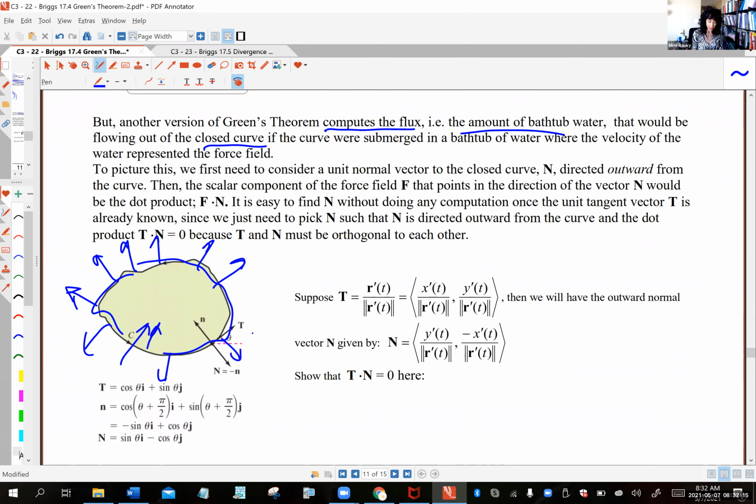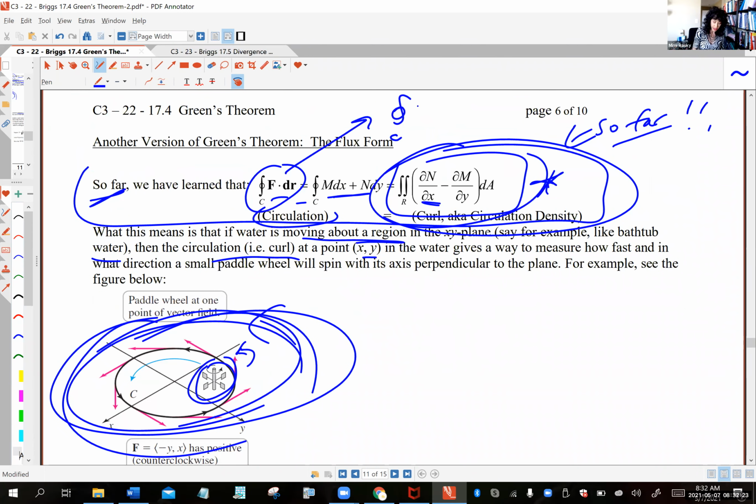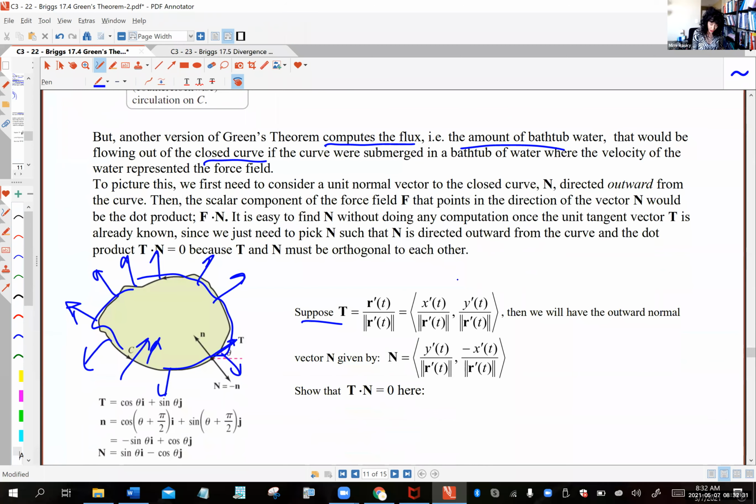And so your unit tangent vector, which you use for the other version here, because this is really the same as F dotted with the unit tangent vector ds. If you look at this where you've got the unitized version of the velocity vector, your N, you want the dot product of T and N to be equal to 0.